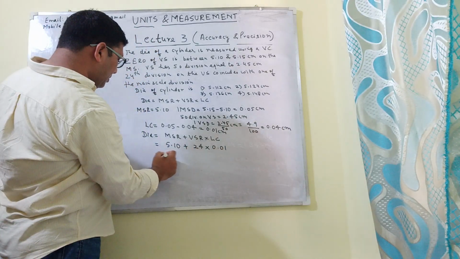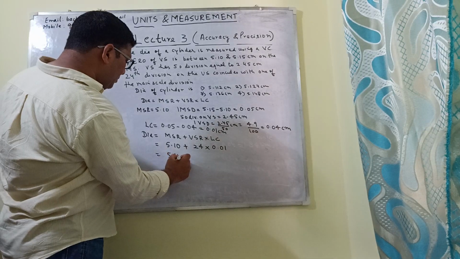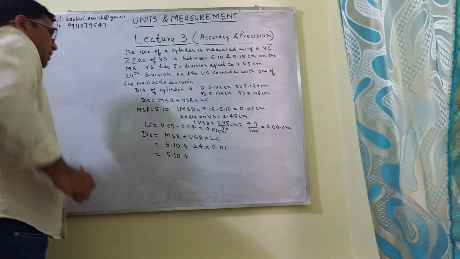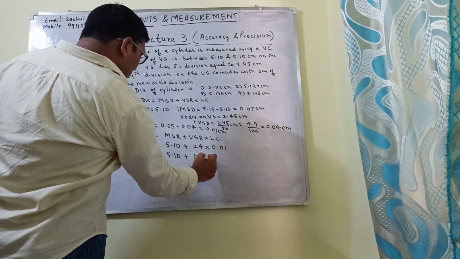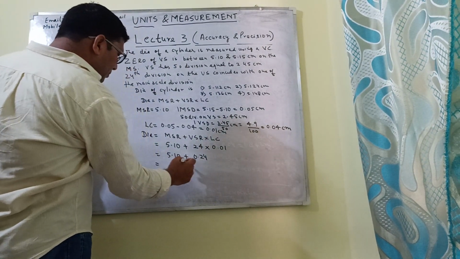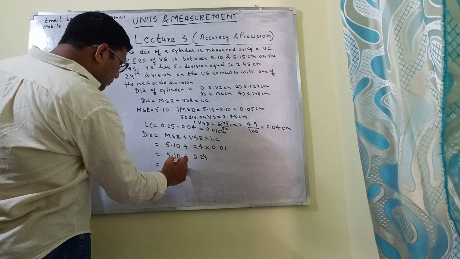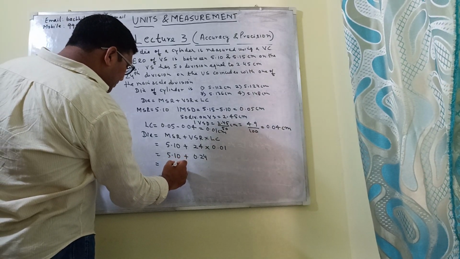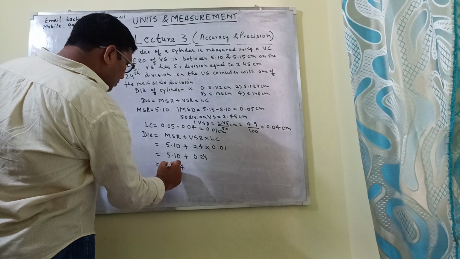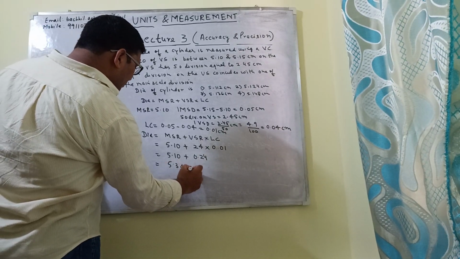This is equal to 5.10 plus 0.24, अगर हम इसको ऐड करेंगे, ये हो जाएगा आपका, एंड दिस इज इक्वल टू 5.34 सेंटीमीटर.